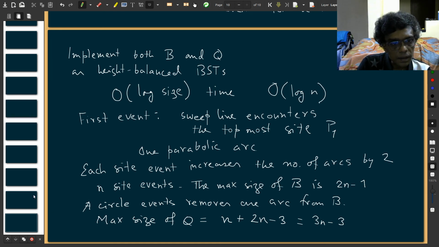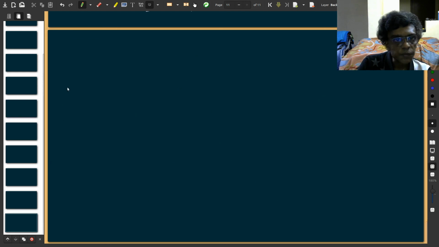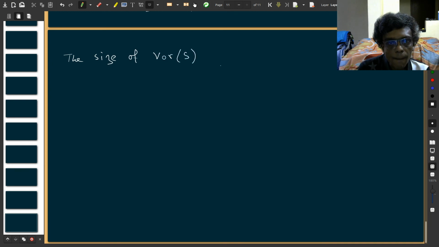And we have seen that the size is linear in n, right?